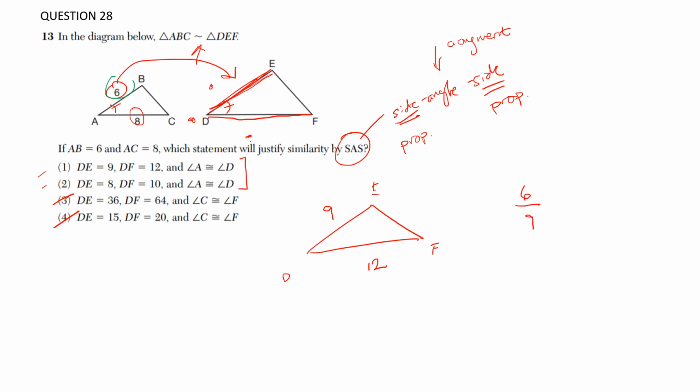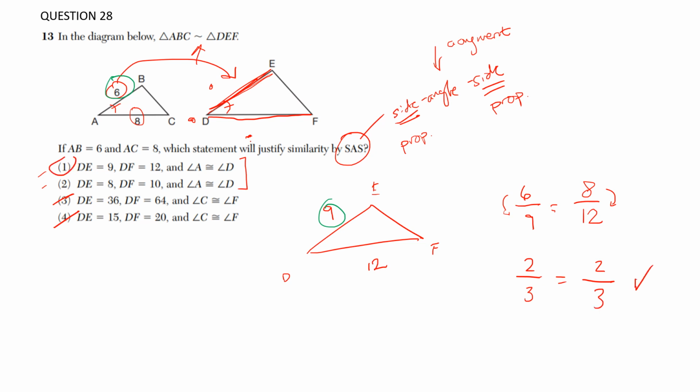And AC was 8, DF was 12. Is this proportion correct, right? Because that tells us we scaled it up by the same number. 6 became 9, 8 became 12. And when we simplify this, we get 2/3 equals 2/3. So we don't really have to look at choice 2 anymore.